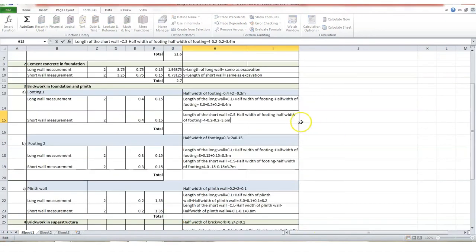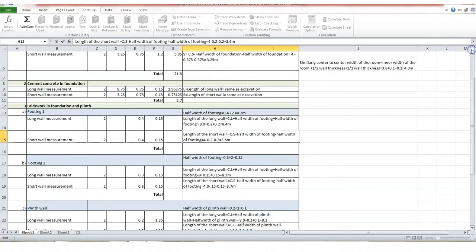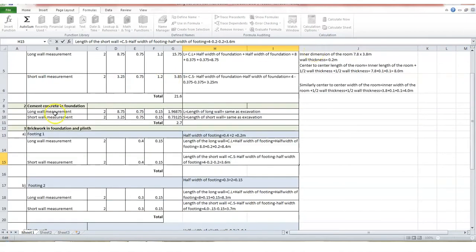So we look at the next item, which is cement concrete in foundation. This is the same as the excavation one, because we know that the cement concrete in the footing is the largest portion of the foundation, and that is the reason why we take the same measurement as for the excavation.